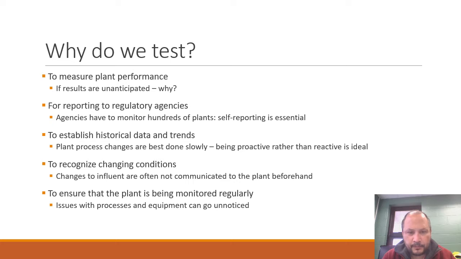Also, we might test to establish a historical database, which would allow us, when the plant is not operating properly, to maybe go back and compare current test results to past results to see if we can find a discrepancy and maybe help us figure out if we're having issues, maybe why those issues are occurring.